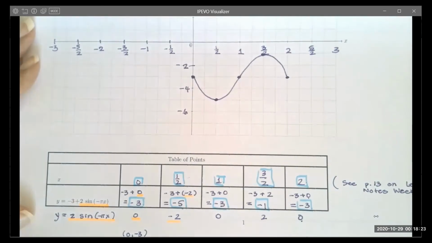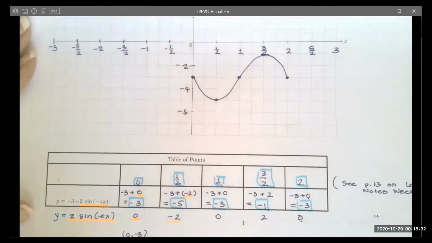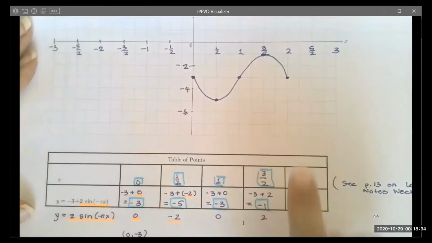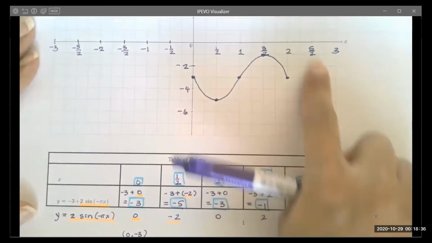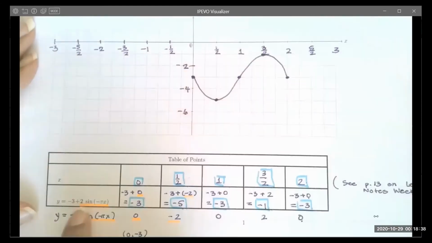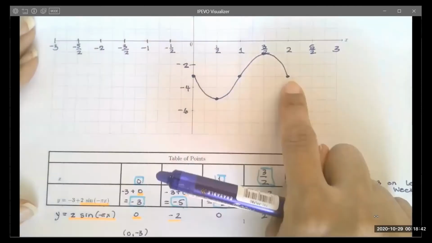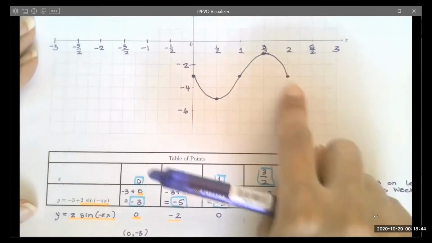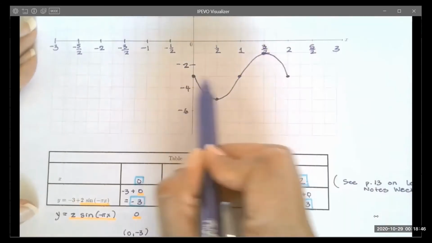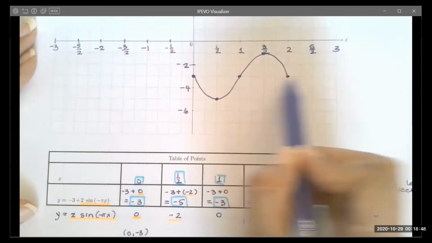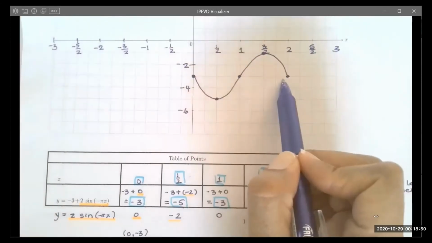Now, they do want us to graph this. They want us to extend it beyond 2 all the way to 3. So what we can do is find out what's going to happen at 5/2 simply by plugging it into the equation or by following the pattern of the sine graph. This is acting as the new axis of oscillation.